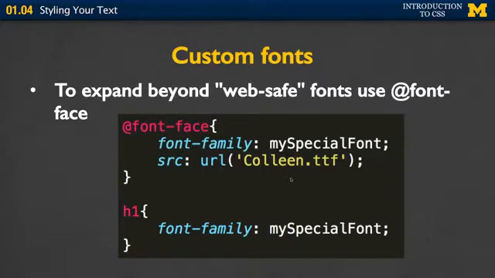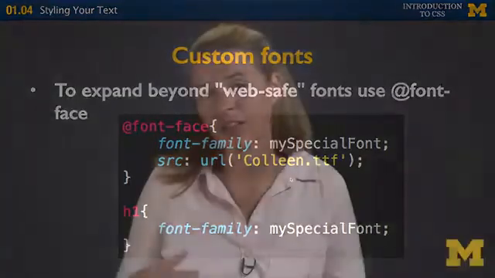And then you need to give it a source. So that source, this is a new one you haven't seen before. We're not using href. We're not using source. We're using URL. And the URL says, this is where you can find the file that defines my special font. Once you write the font face rule once, throughout the rest of your style sheet, you can go ahead and reference it. So now, every time I use an H1 font, you're going to use my special font.